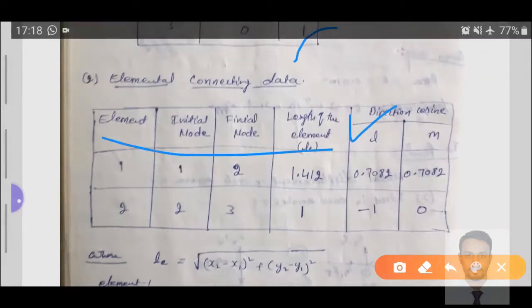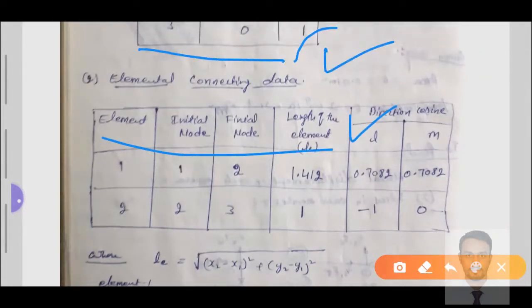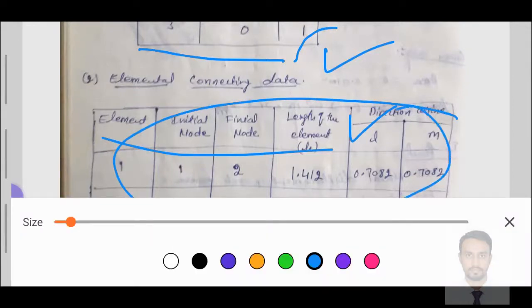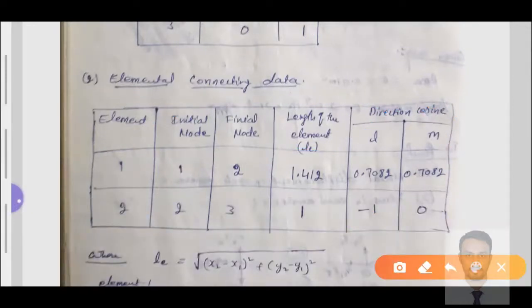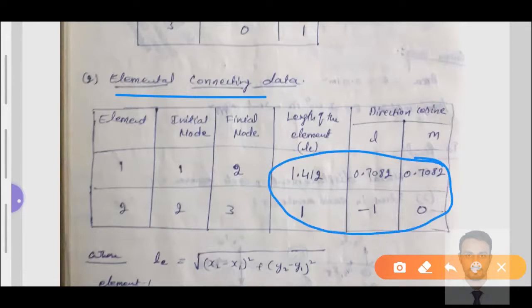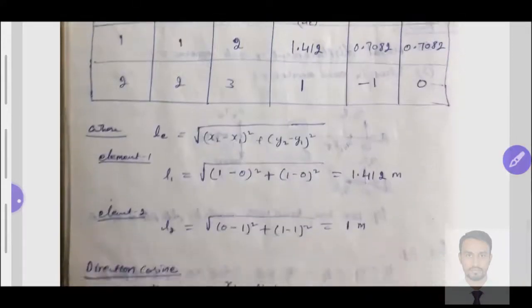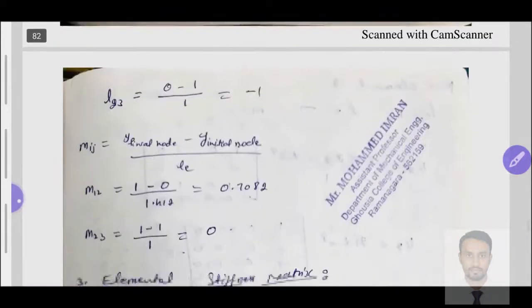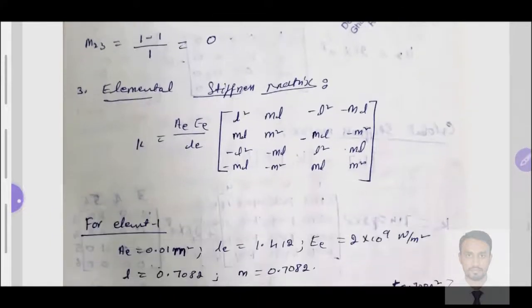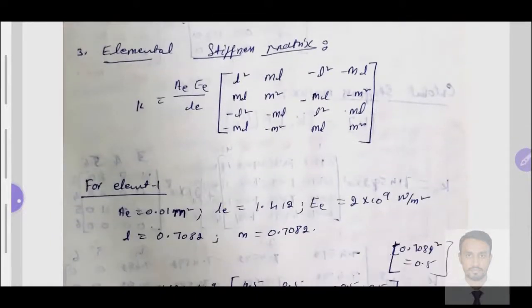This task is completed, done. So we will use the elemental connection data, and in this also we will use all the details of the elemental coordinates. After getting that, this is the first step of the finite element method, which is over for a truss element. Now find the elemental stiffness matrix.